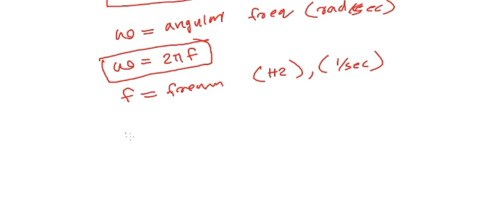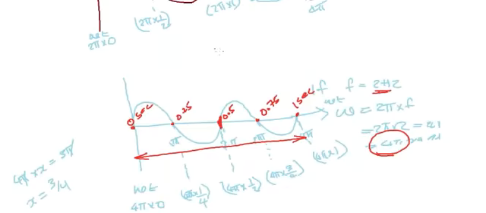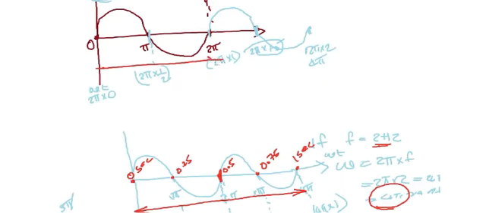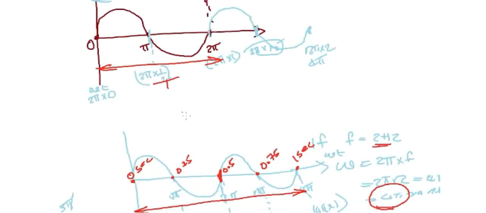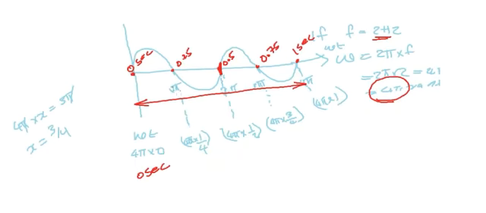Another, T is equal to time period. Time period means, this is time. This is one time period here, and this is another time period.